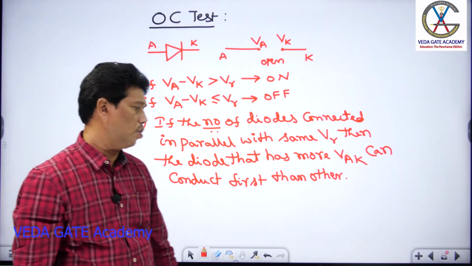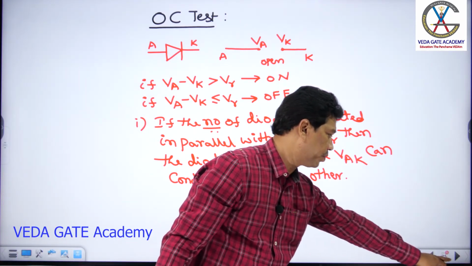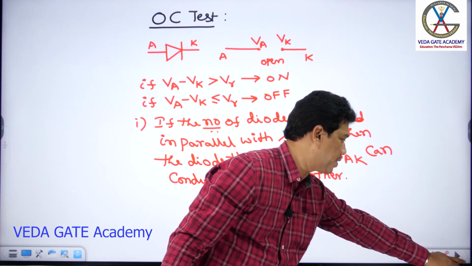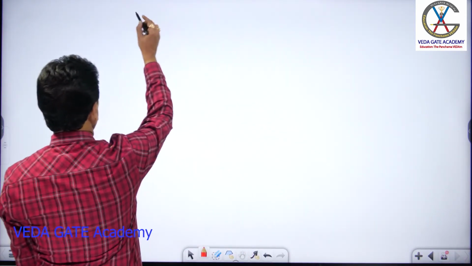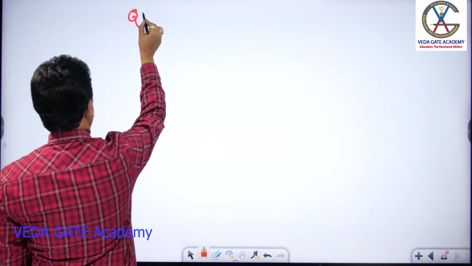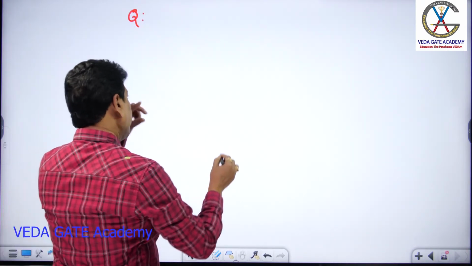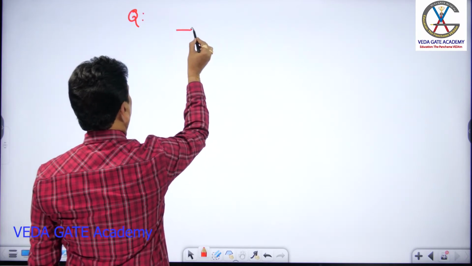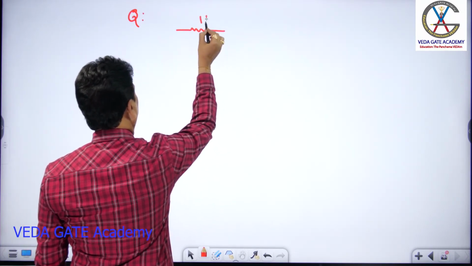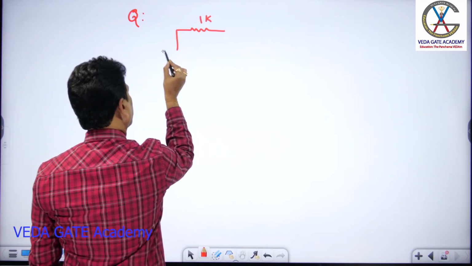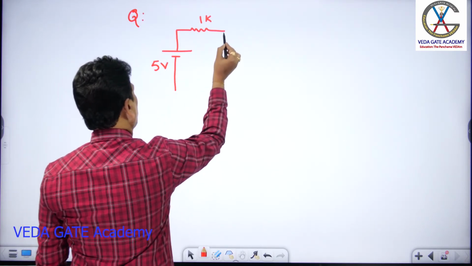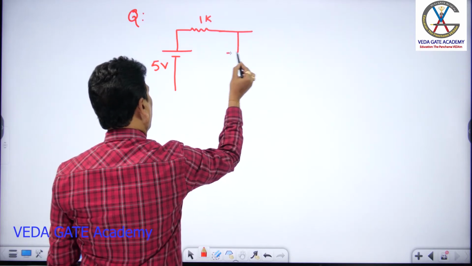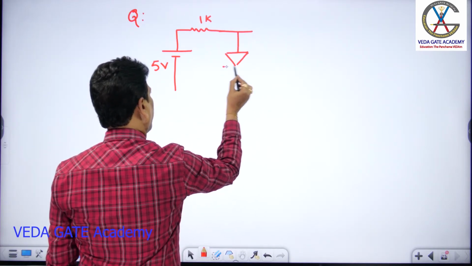Now I can check some examples based on this. Suppose I am given a question like this. I take a circuit with a 1K resistor and a supply voltage of 5 volt. Two diodes are given, both in parallel but made of different material.